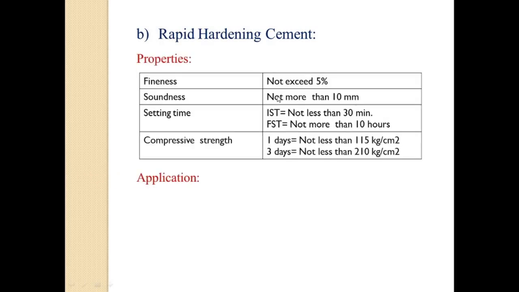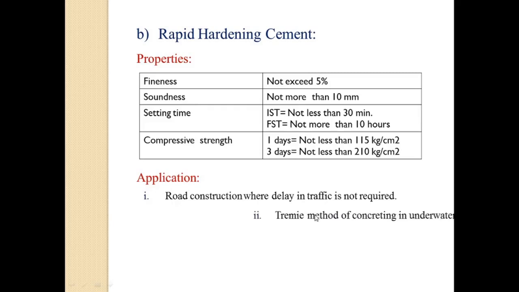We use rapid hardening cement for road construction, where delay in traffic is not required. We know it hardens rapidly, so the road construction work is also fast. Second is the Tremie method of concreting in underwater construction work.